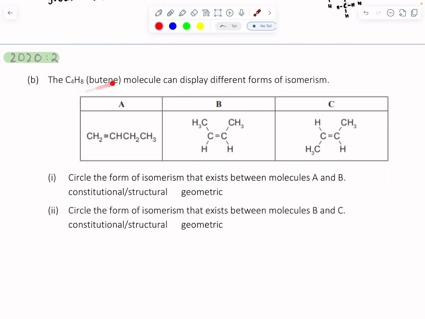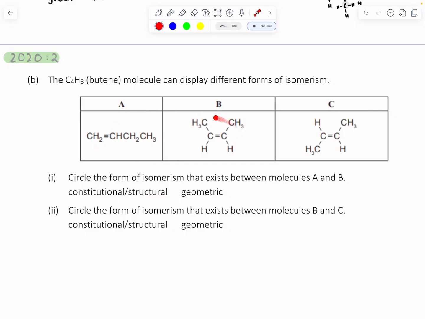We can see that we're dealing with butene, and it can be displayed in different forms of isomerism. Part I is asking us to circle the form of isomerism that exists between molecules A and B. So, are these structural? This is one category, structural or constitutional, that's one category.